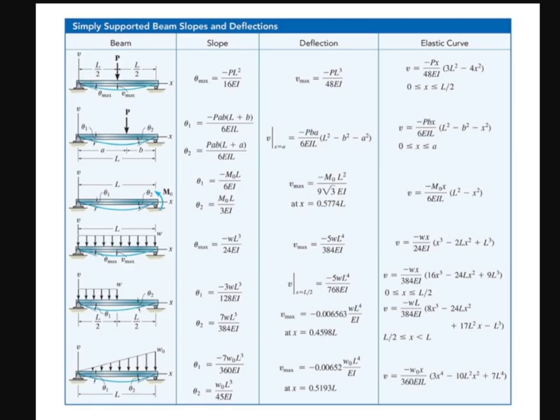So the first one is just a moment at the end. Okay, we see it right there. And it looks like we want to find, yes, it's going to be, but that one is negative. Same for this, so it's going to be probably negative in this case.